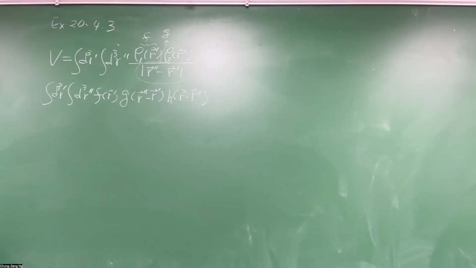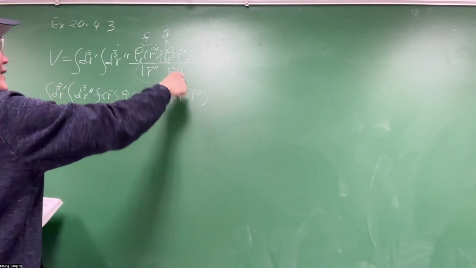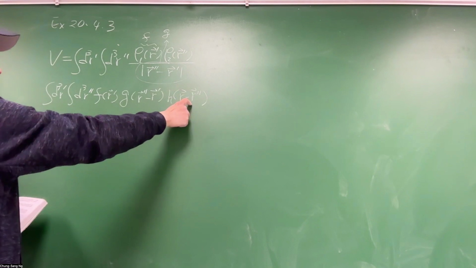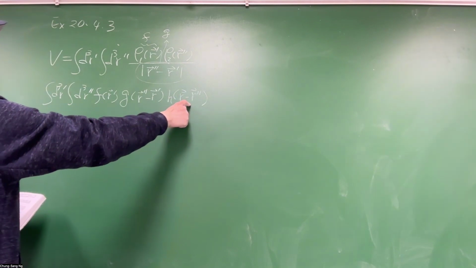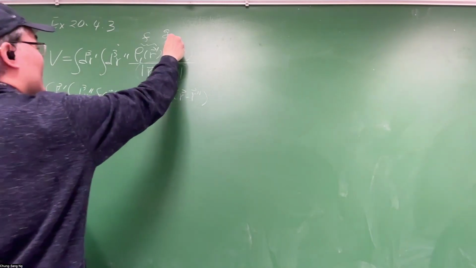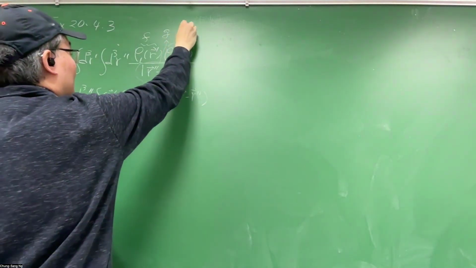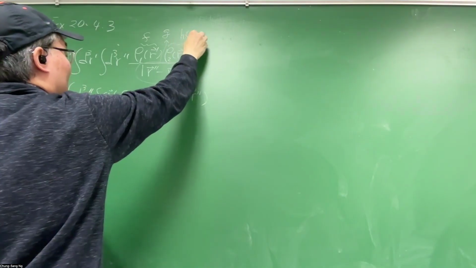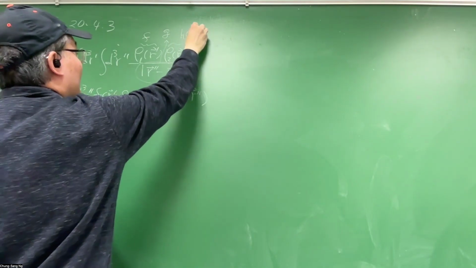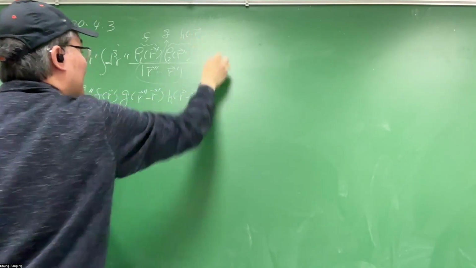Now again this is the same situation. This depends on R double prime. This is defined as negative R double prime. So we need to define it so that this is H, but with the minus R, H(minus R double prime), right?